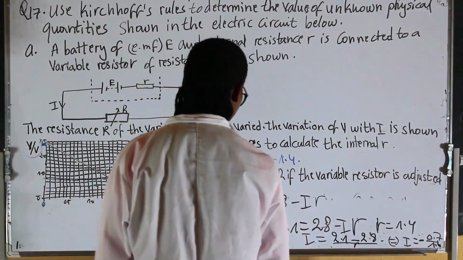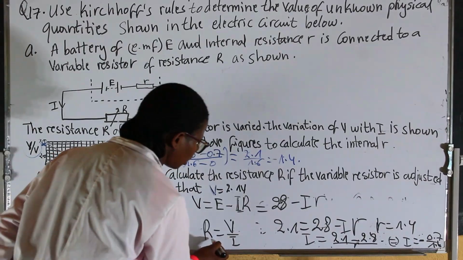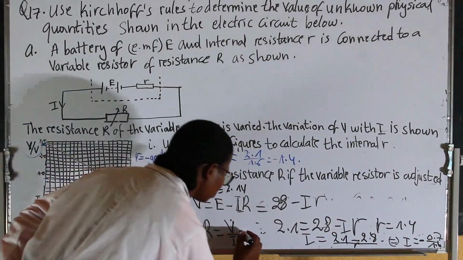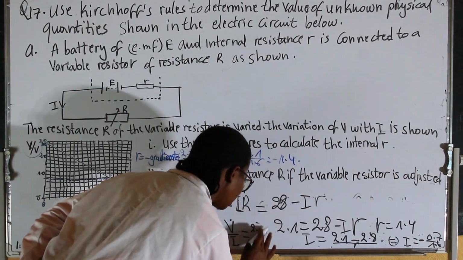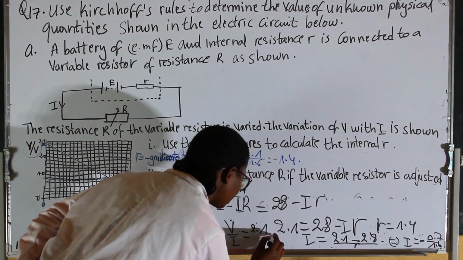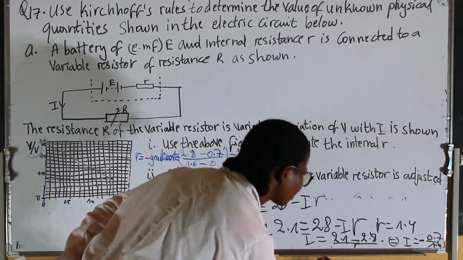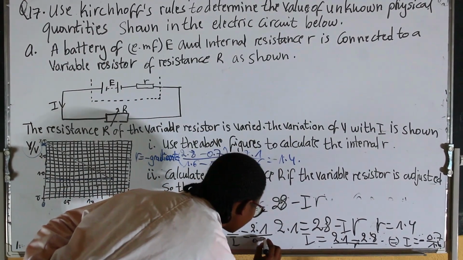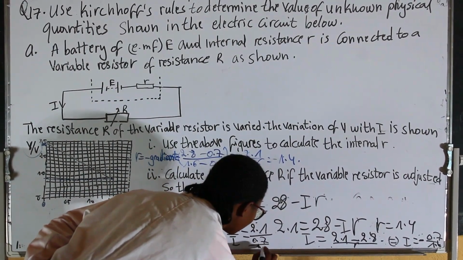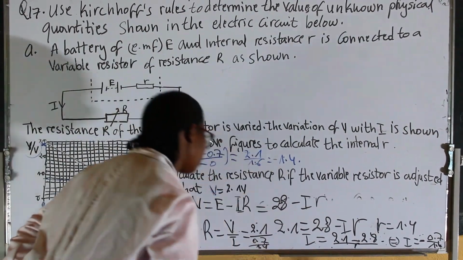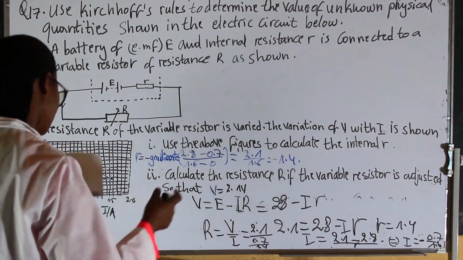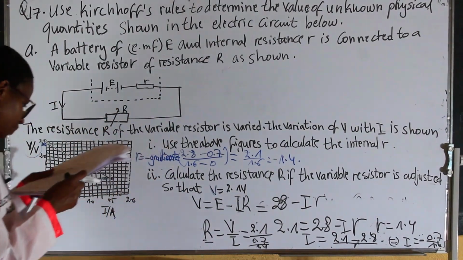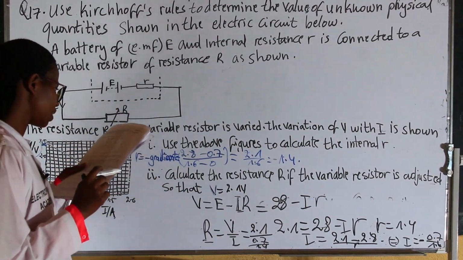After calculation, we can find the resistance of our resistor, which will be equal to 2.1 divided by 0.7 over 1.4. We can calculate to obtain the answer of resistance. Then let's move on to the next question.